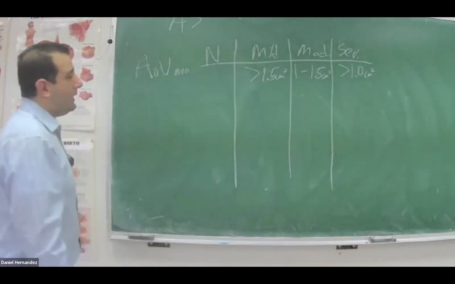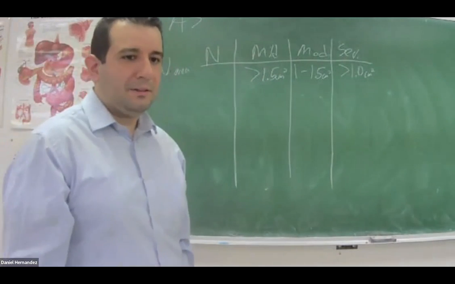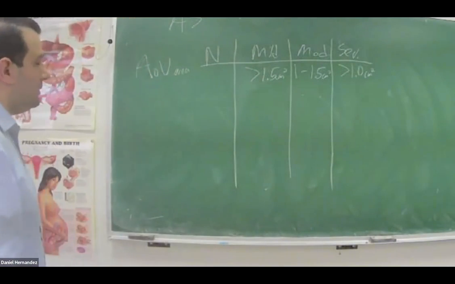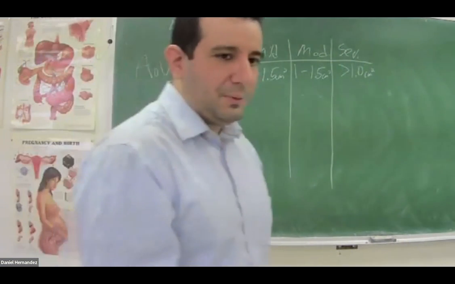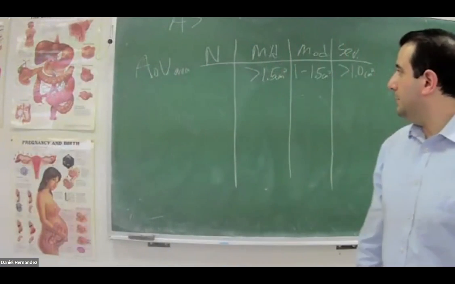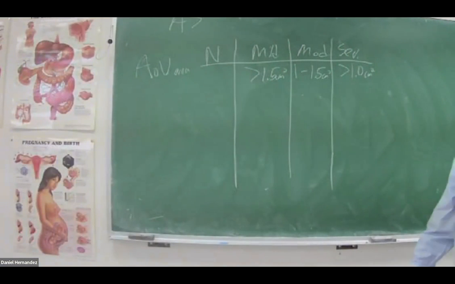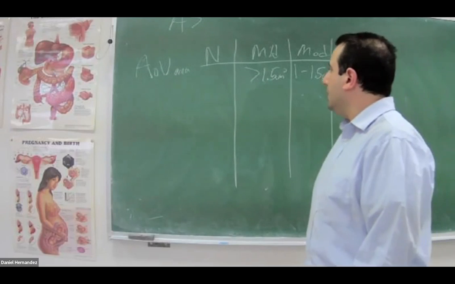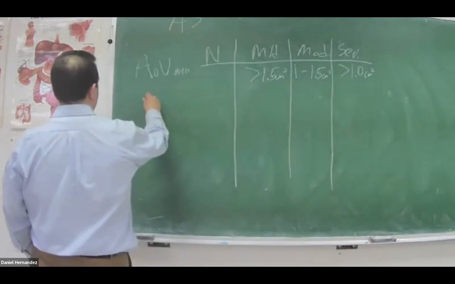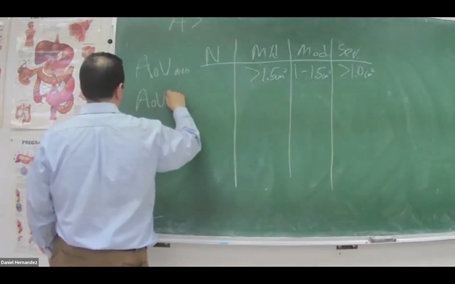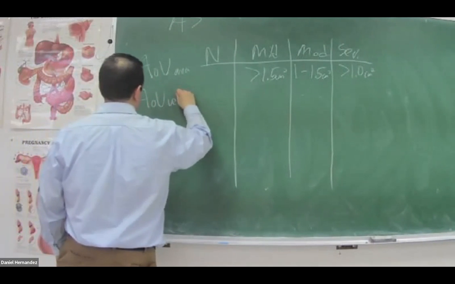We can estimate the degree of aortic stenosis with a couple of different methods. The first one is simply Dopplering our velocities through the aortic valve, the AOV velocity.